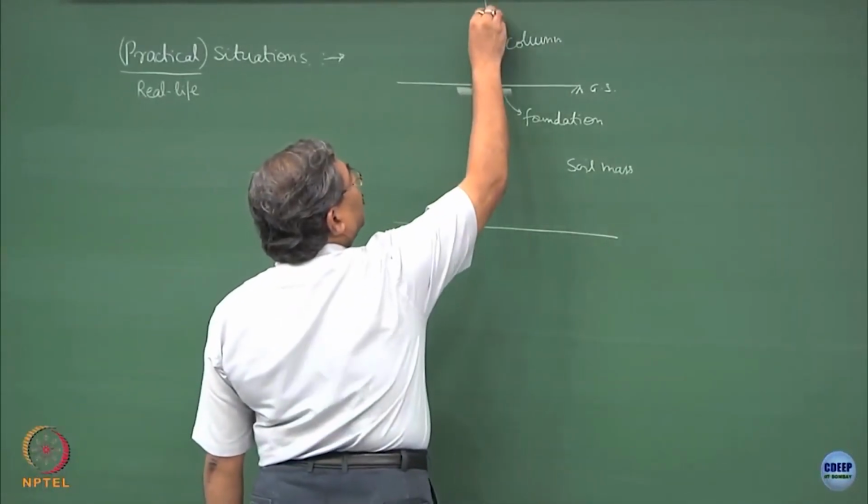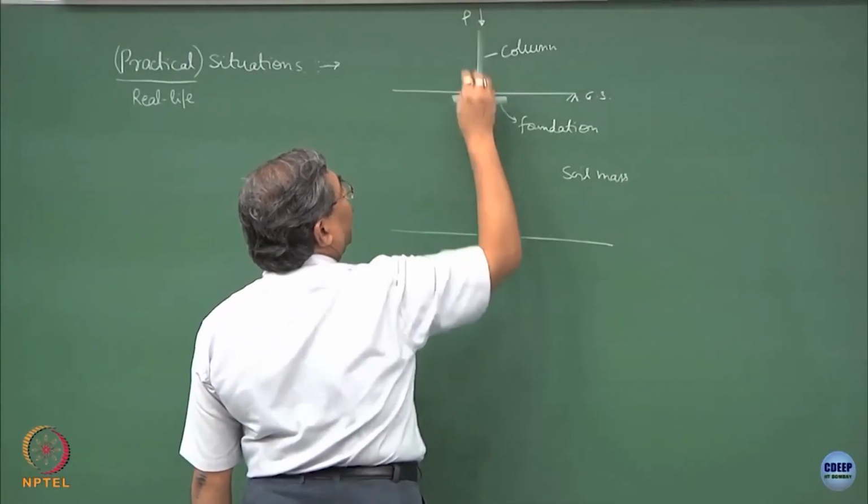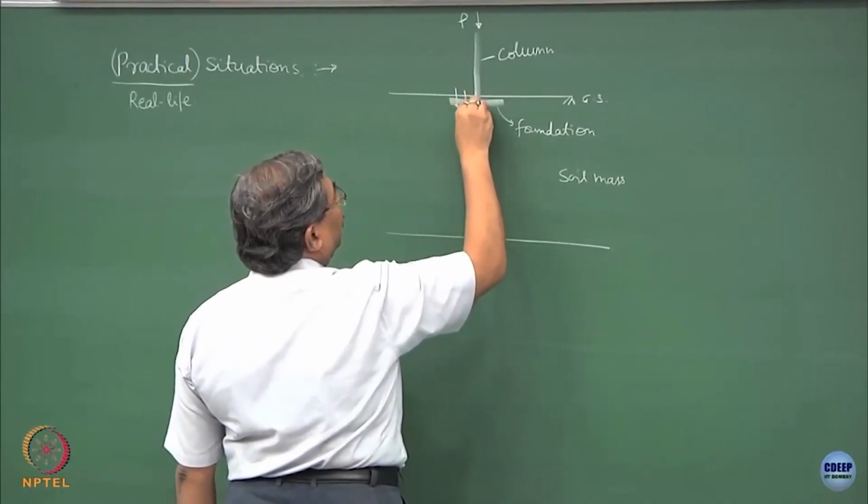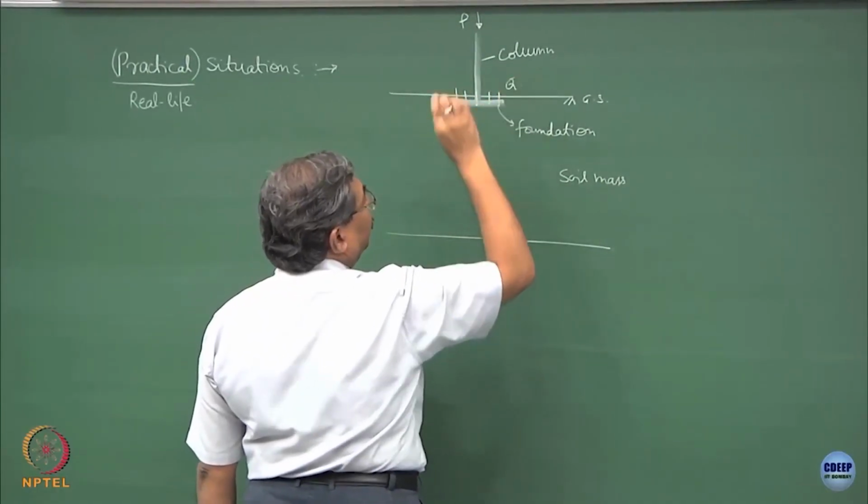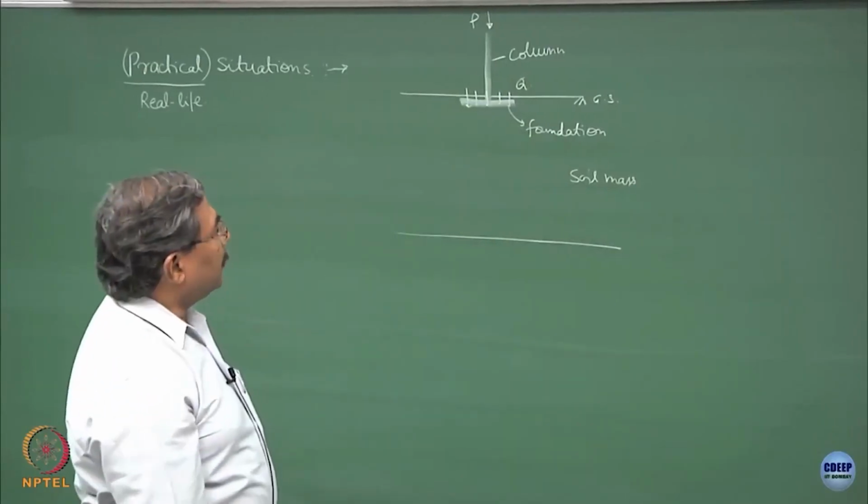It is understood that this column is going to take load P, and hence the footing is going to transmit a pressure Q on the soil mass.